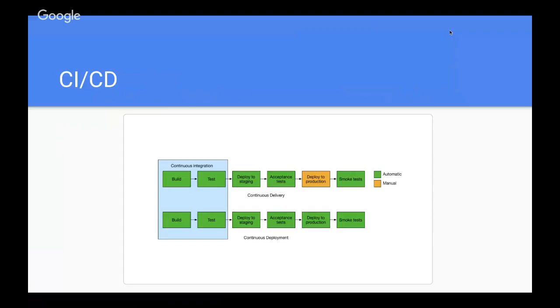So okay, let's start talking about CI/CD. I don't have much text because I want to really talk about this kind of concept. The idea of continuous integration, continuous delivery, and continuous deployment is based on top of automation.